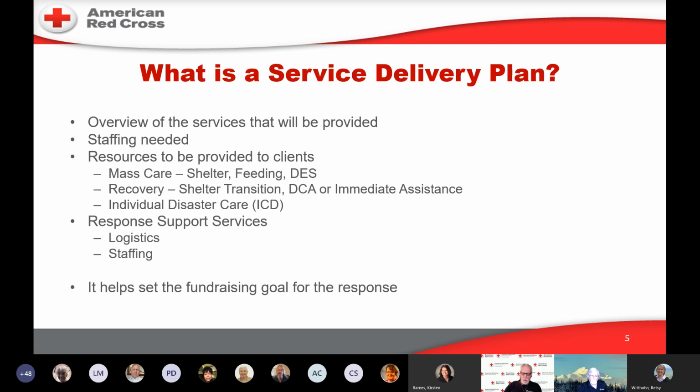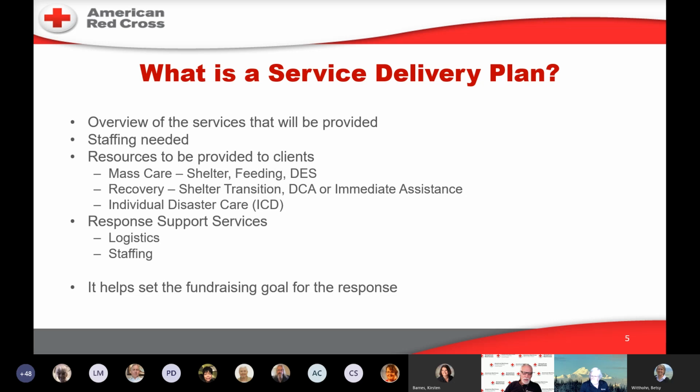One of the outcomes of the plan, and this is really quite critical and a lot of people miss, is that there is no magic pot of gold to support disaster relief operations sitting at national headquarters. There's certainly funds there for emergencies, but most of our disaster responses, fundraising is done based on the expected budget for the operation.